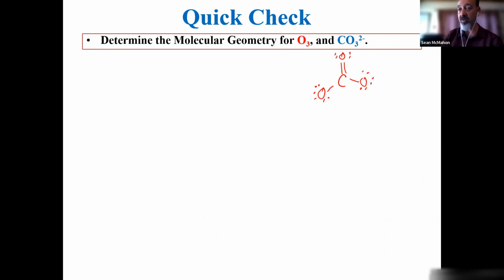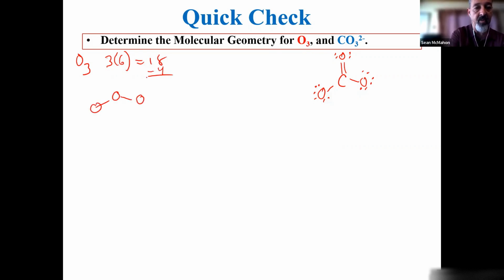But I'm going to do the ozone. So O3. And I'll even start it from scratch, right? There's 3 oxygens, there's 6 each, I have a total of 18 electrons. They're all the same atom, so oxygen's in the center. I have to bind them, so minus 4. There's 14, so 1, 2, 3, 4, 5, 6, 7, 8, 9, 10, 11, 12, minus 12.